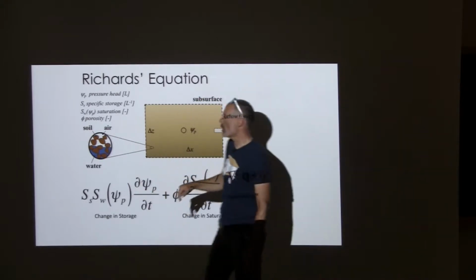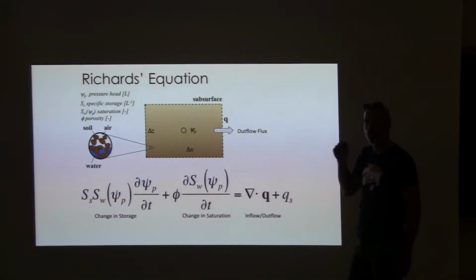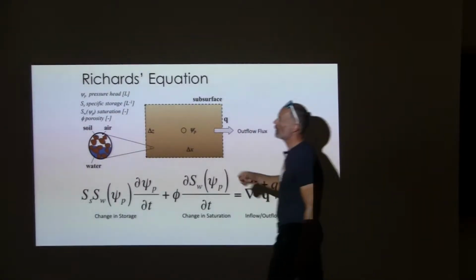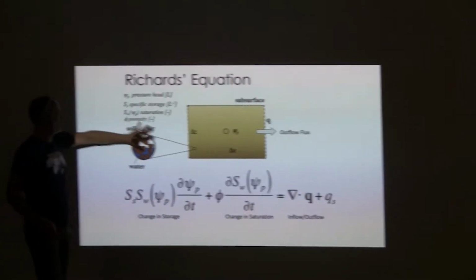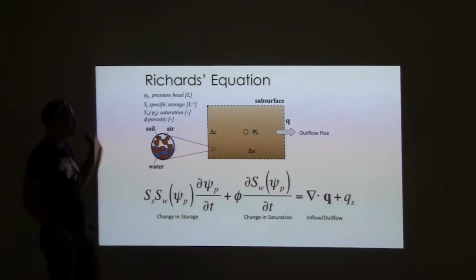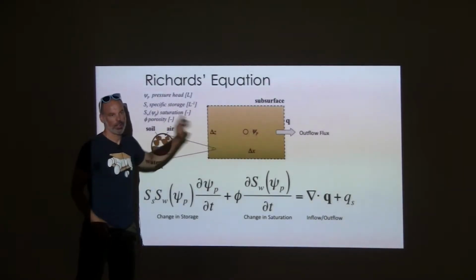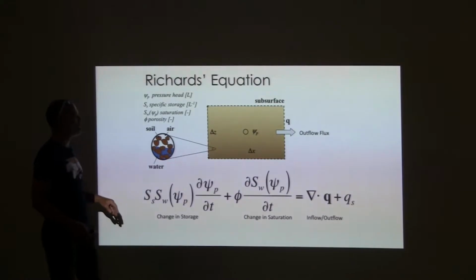Then we have a specific storage. We have a saturation. This is Richards equation, so saturation one to one depends on pressure. We have a porosity. And this, of course, is a mixed multi-phase system that we're simplifying and solving in an implied second phase or implied air phase at some RAV type scale.